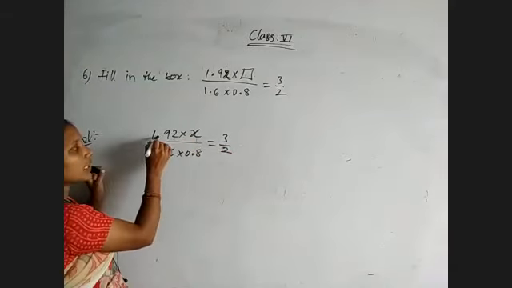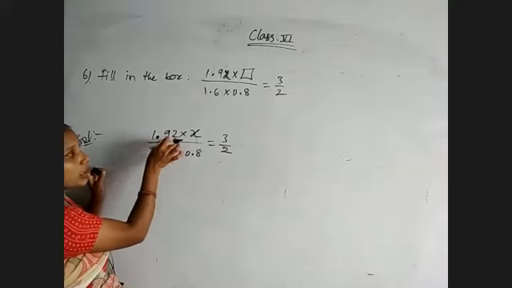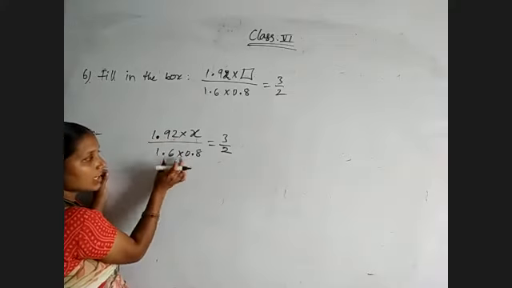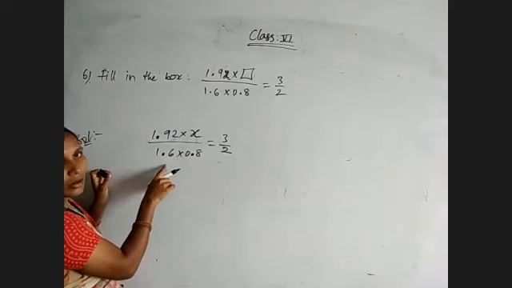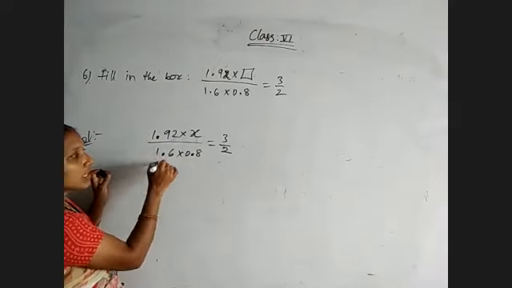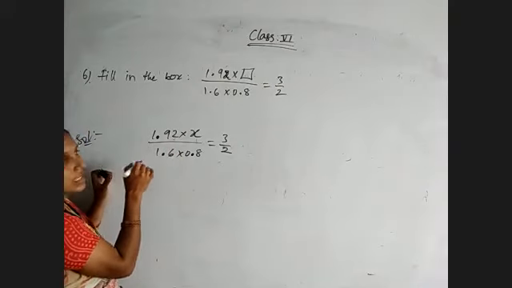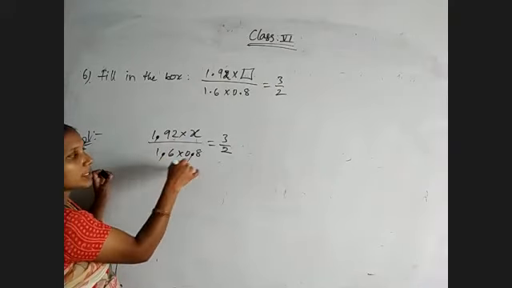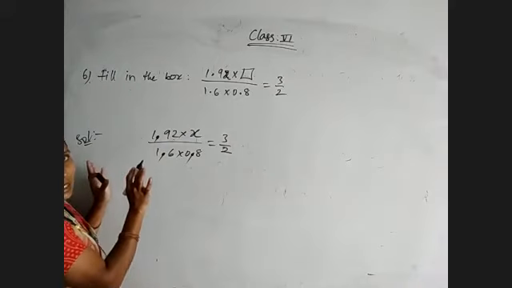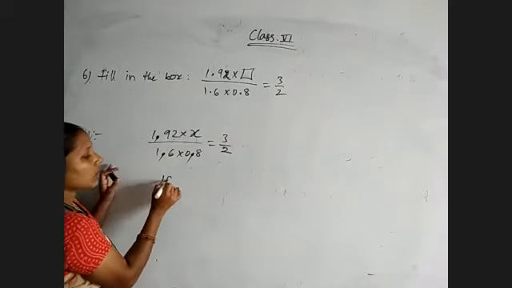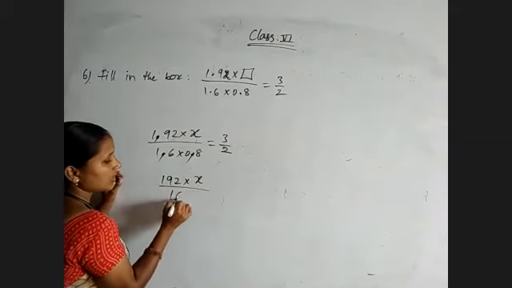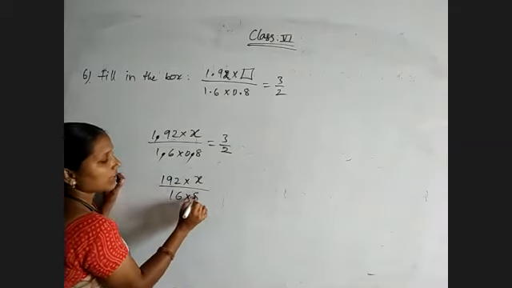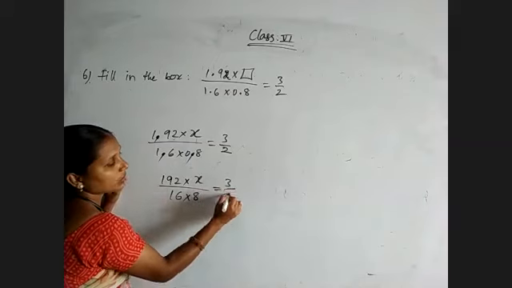So in 1.92, two decimal digits are there in the numerator. Here also we get one decimal digit each, completely two decimal digits. So these two decimal digits and this point will get cancelled. What we get is 192 into x by 16 into 8 is equal to 3 by 2.